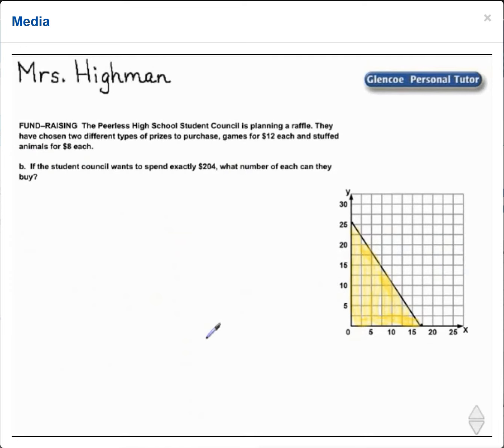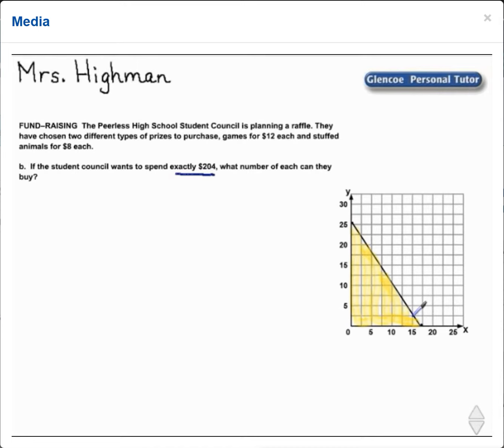Part B. If the Student Council wants to spend exactly $204, what number of each can they buy? Well, if they want to spend exactly $204, then we're going to have to look at values that lie right on our line that we drew, because that is where it was equal to 204.